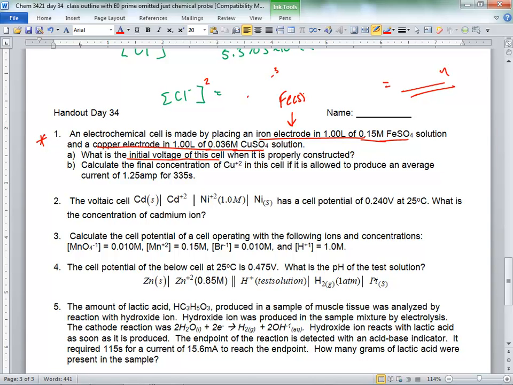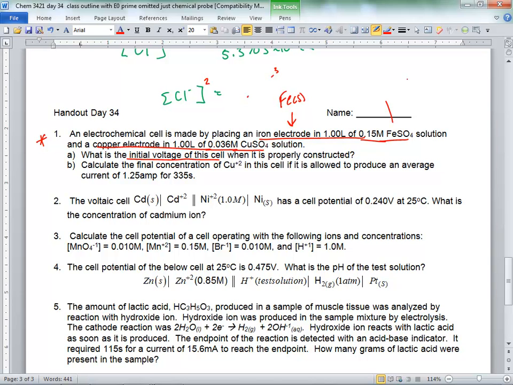Right? Iron sulfate. What's the ion that's going to be involved in the half reaction from this compound? Fe is not an ion. I would be worried about the sulfate or the sulfur or the oxygen if that was involved over here. But I have iron solid, so I have to be just interested in the iron.